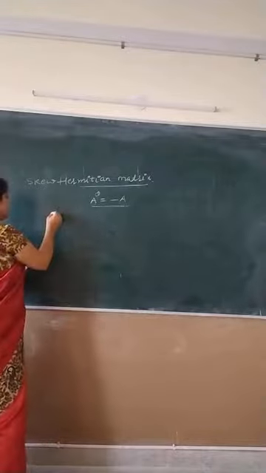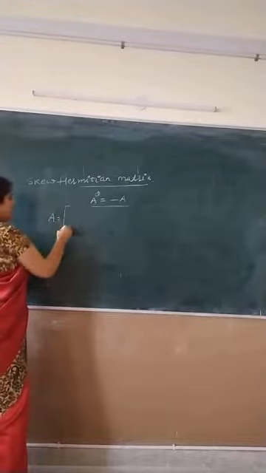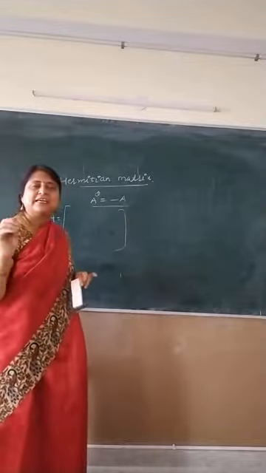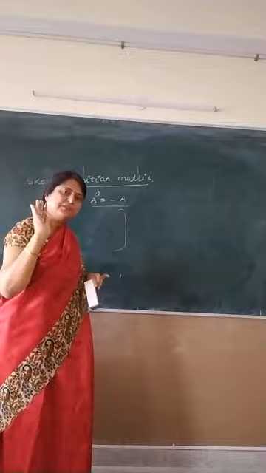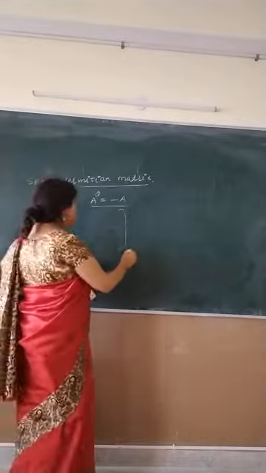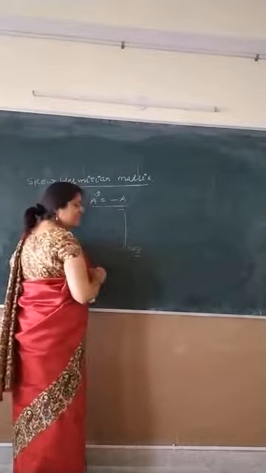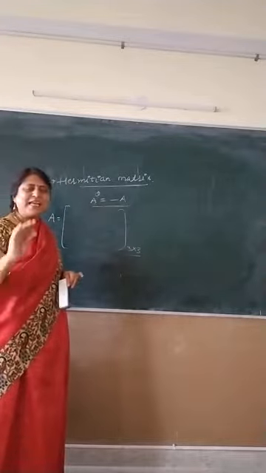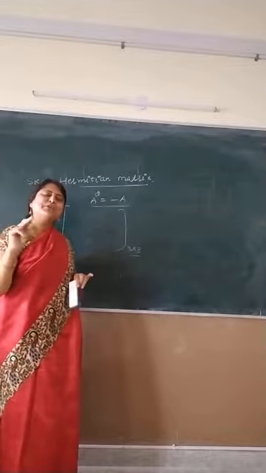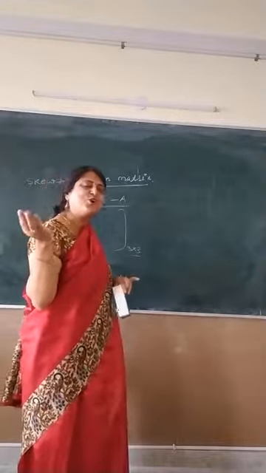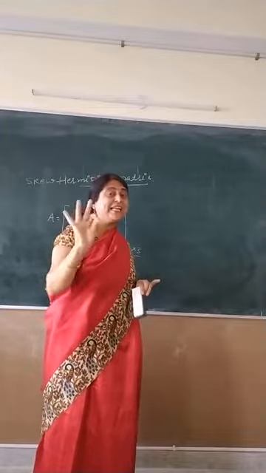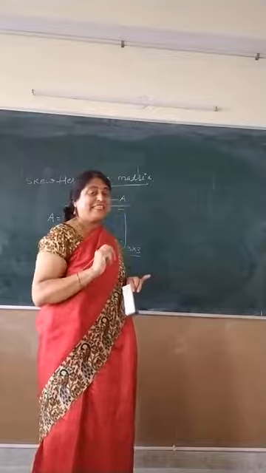I am taking here matrix A. First of all, skew Hermitian matrix should be a square matrix. I am taking here an example of a 3 by 3 order matrix. And after this, the diagonal entry should be either 0 or purely imaginary.